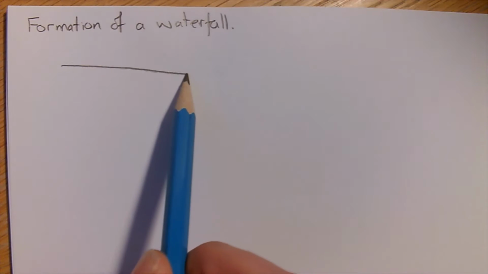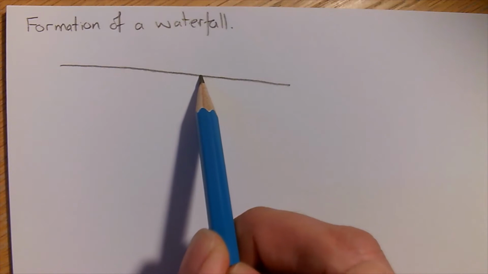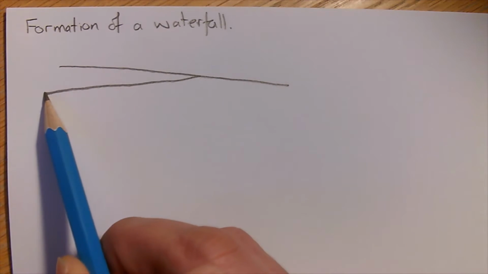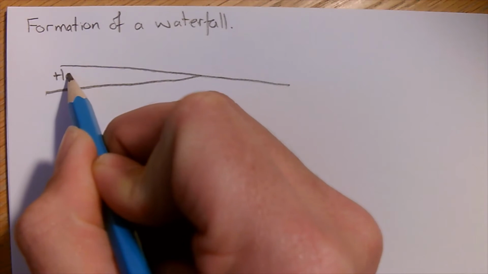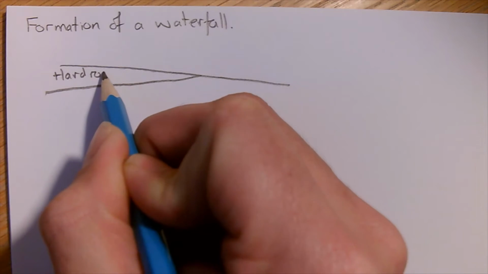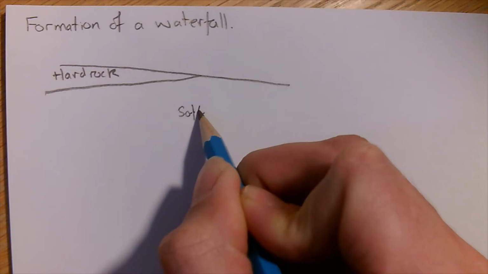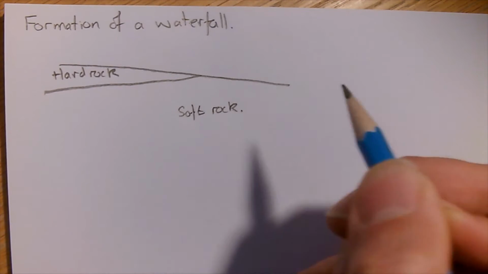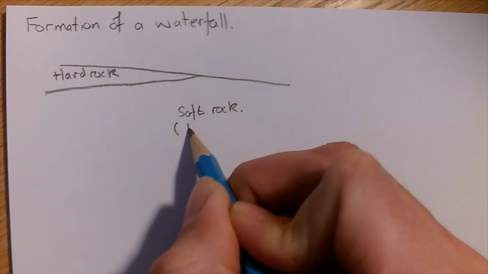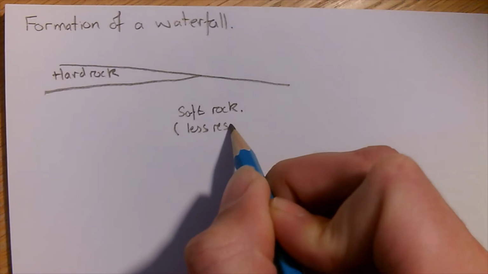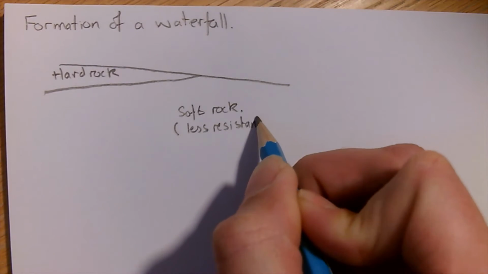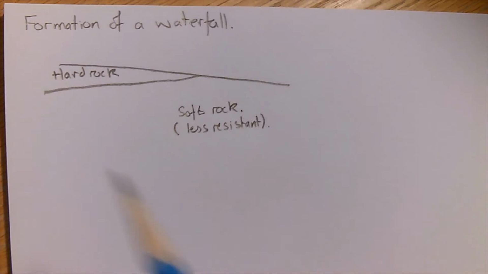So, to begin with, 90% of the world's waterfalls are formed by a layer of hard rock sitting over a layer of softer rock. We can call this less resistant rock, and the harder rock is more resistant.